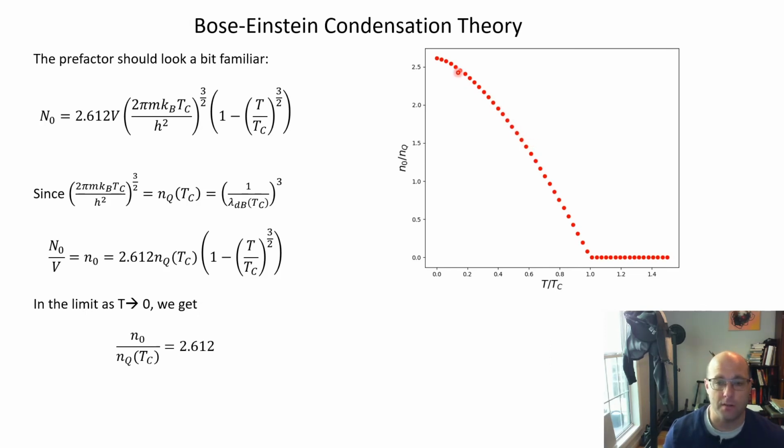And as you approach 0 Kelvin, you get that the number density is approaching 2.612, again, in units of this quantum concentration at Tc. So this is a really nice picture, I think, of the physics that we put into this analysis to see what we mean by a Bose-Einstein condensation phase transition. We mean that there's a particular parameter that is 0, and then suddenly at some special temperature becomes non-zero and grows to dominate the system, right?